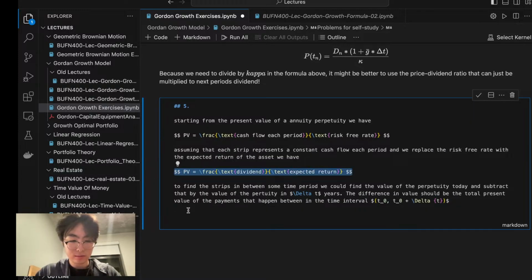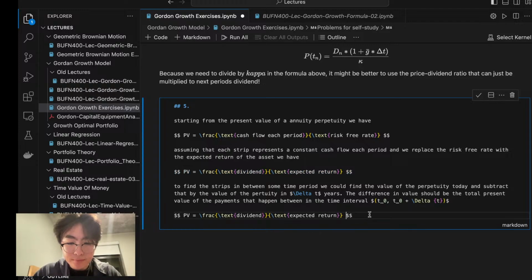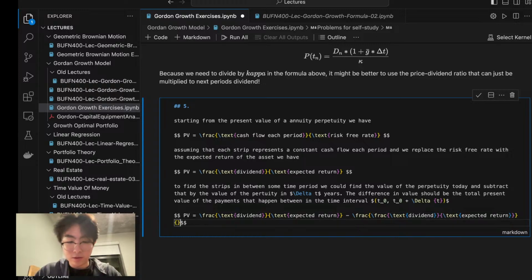Okay. All right, so we have the value of the perpetuity, but we also should discount that by 1 plus the expected return raised to the delta t.